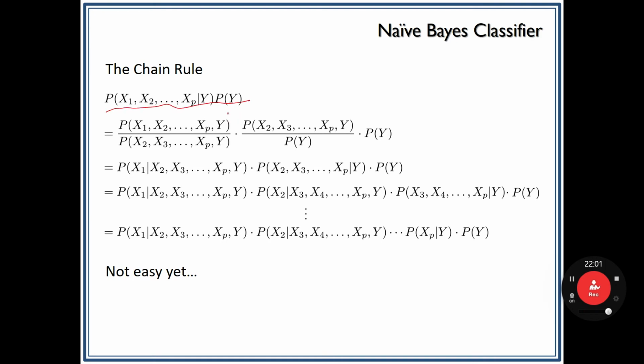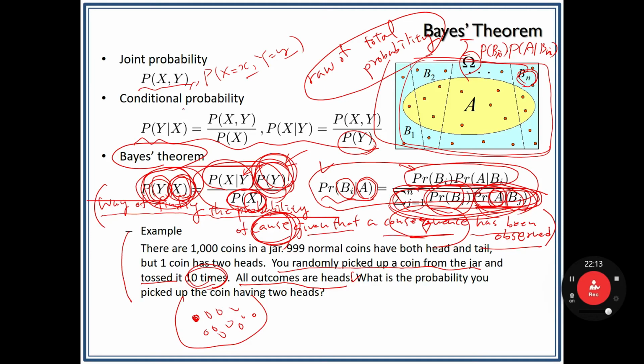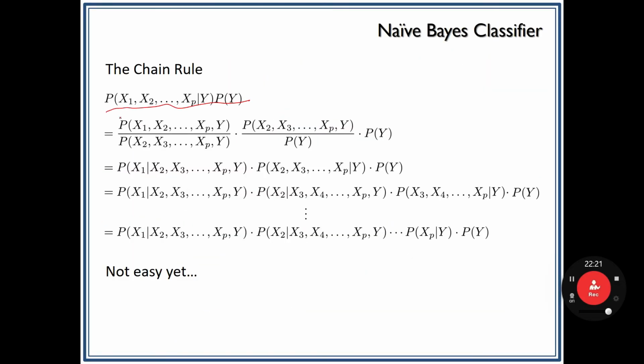By the definition of conditional probability, please remember this: this conditional probability, the first term, is equivalent to the probability of this whole joint event over this one.